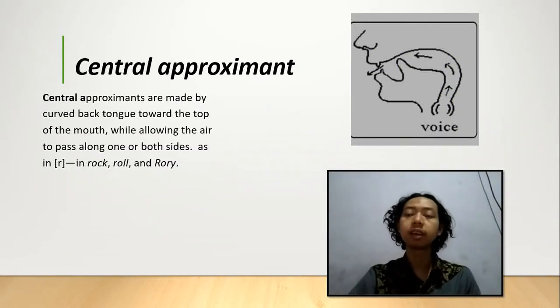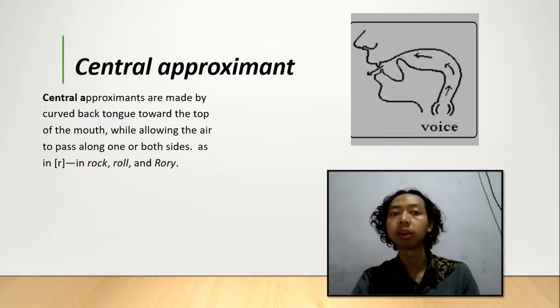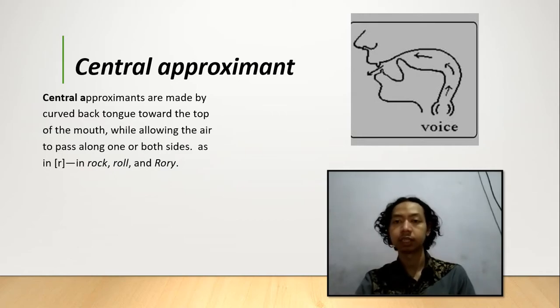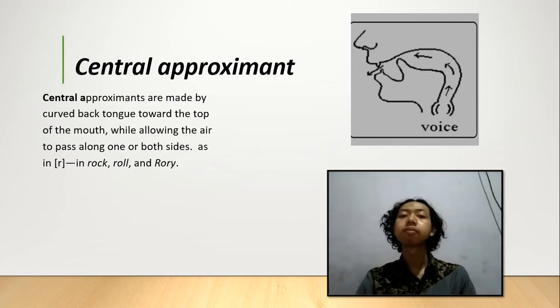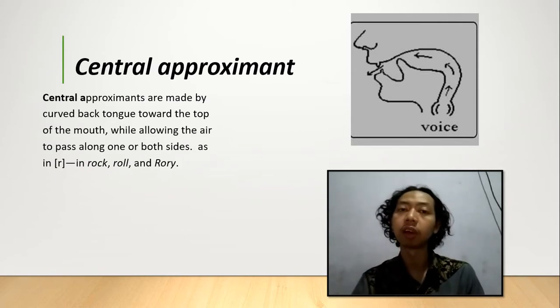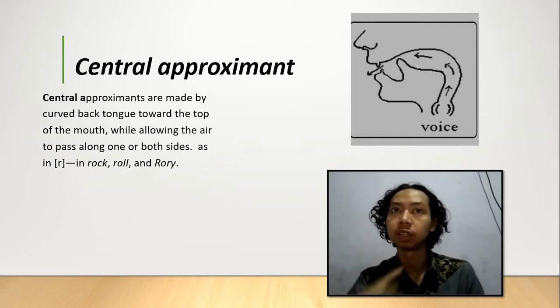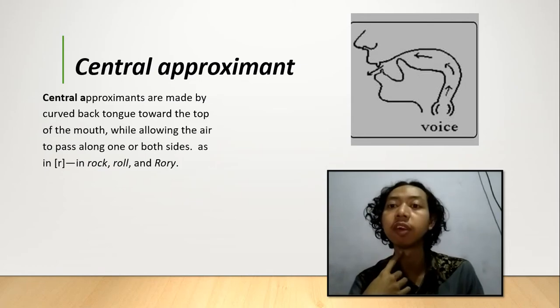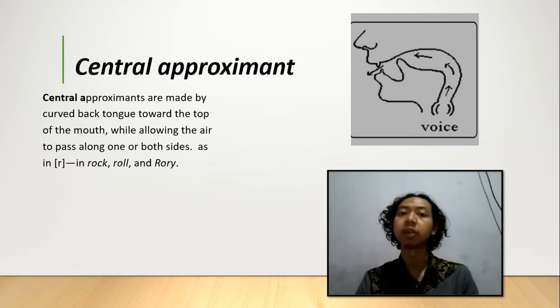Okay, and then central approximants. Central approximants are made by curving your tongue back toward the top of the mouth while allowing the air to pass along one or both sides, as in R. So curve your tongue back toward the top of the mouth, but don't touch the alveolar ridge or the top of the mouth, like you can see in the picture.